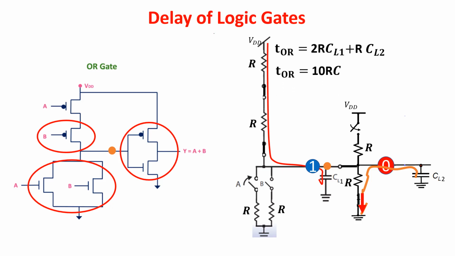The second contribution is R times 2C plus other 2C as input of the next gate equals 4RC. So the total delay of the OR gate is 14RC in our very raw approximation. Things are more complicated than this, but this is just to give an idea.